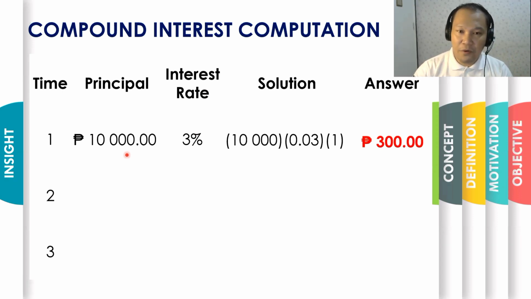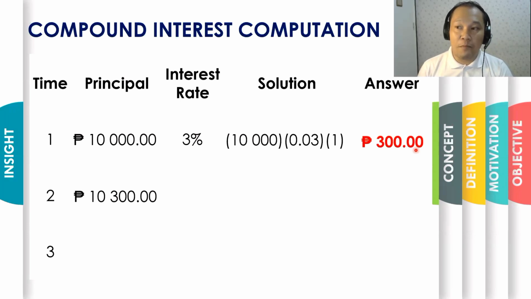Therefore, on the second year, the new principal amount will be equal to 10,300 pesos. Why? Because the interest earned after 1 year will now be added to the principal amount because it will also accumulate interest since this is compound interest.